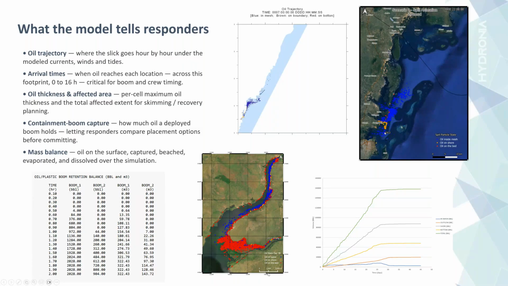The idea is that with these tools, you get very quick model outputs that can assist in providing very valuable information of the oil location and oil trajectory that can happen in real time, which is essential for this type of emergency planning.